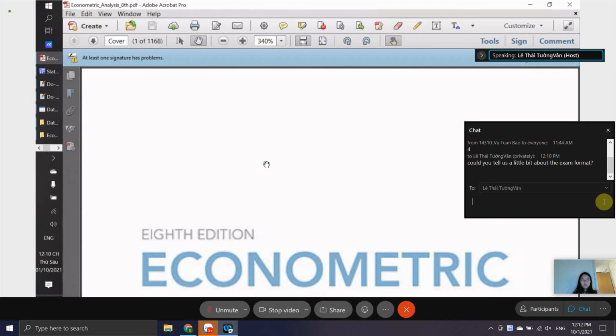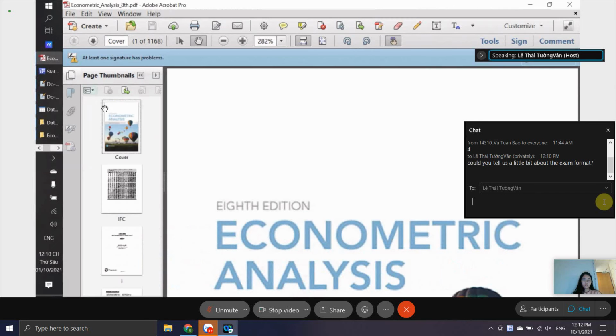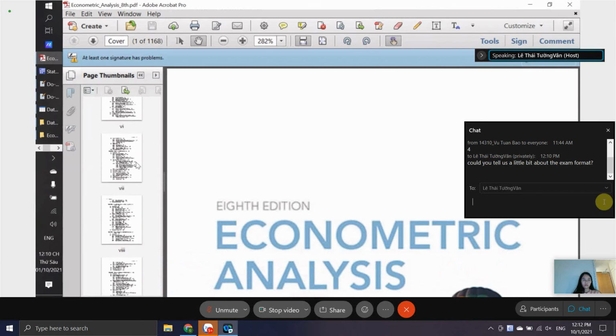We can call it an encyclopedia. It is presented in a straightforward way, almost all models in econometrics. Yeah, and our discussion so far is based on this one. This is the main textbook for a first year PhD course in many universities.